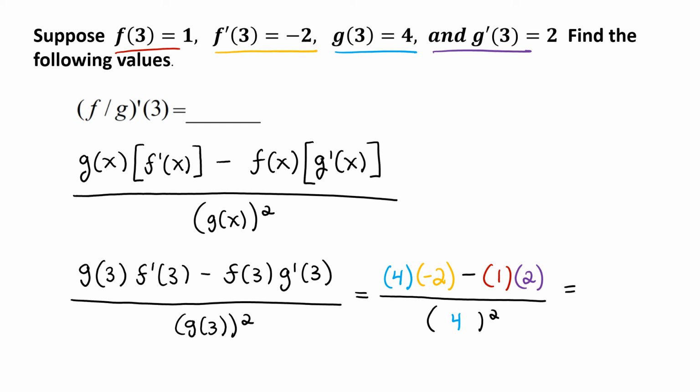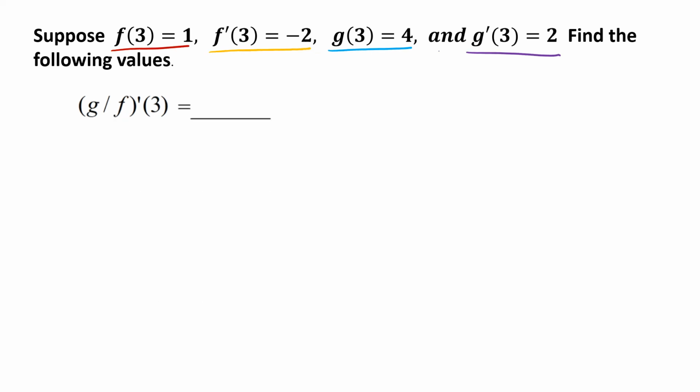So that's equal to negative 8 minus 2, which is negative 10 over 4 squared, which is 16, which simplifies to negative 5/8. So that is what f over g prime of 3 is equal to for this particular set of functions.